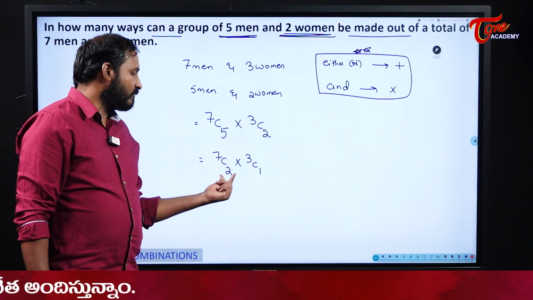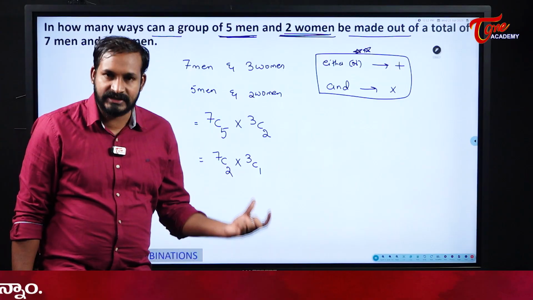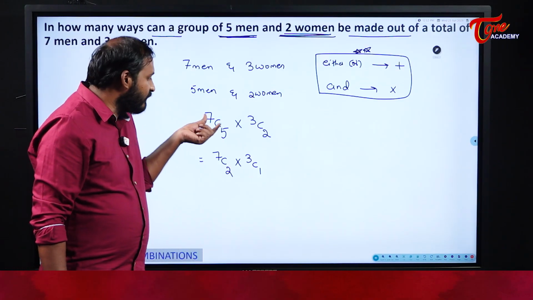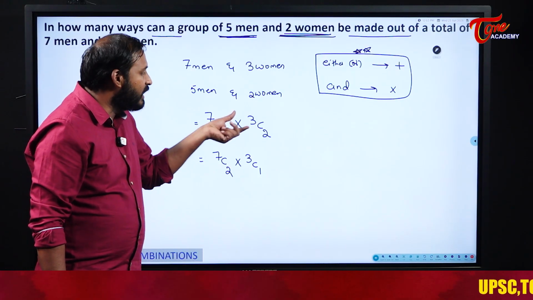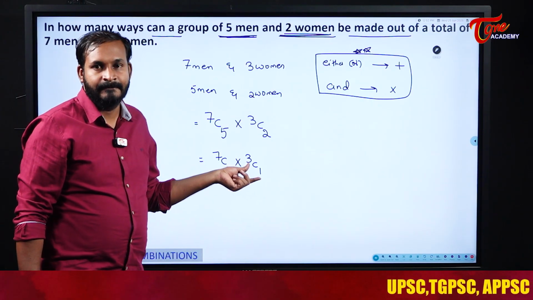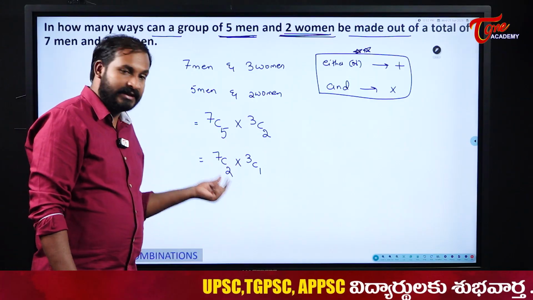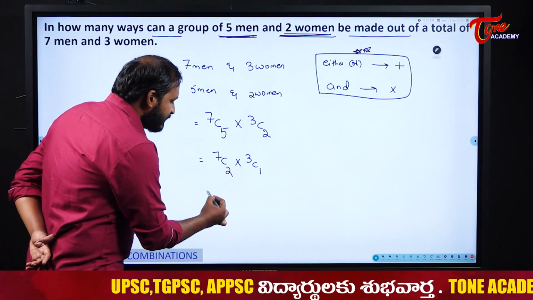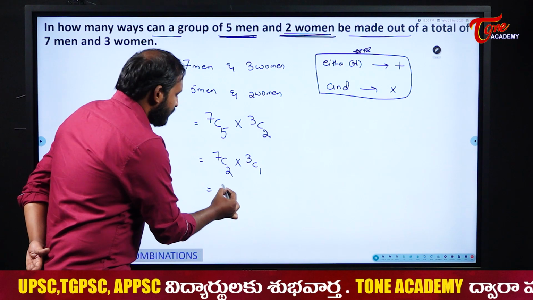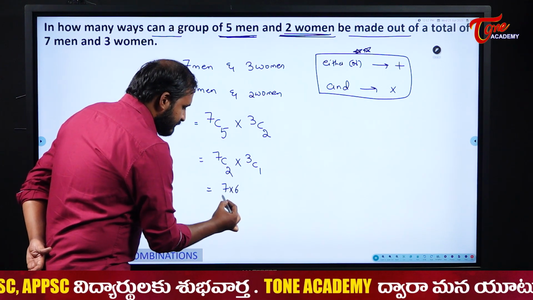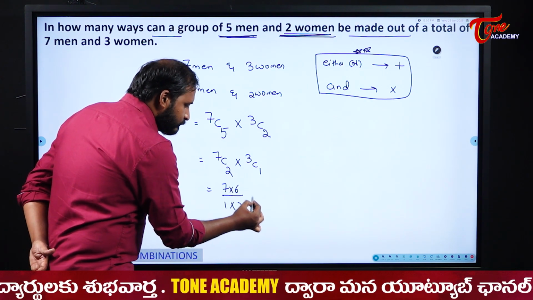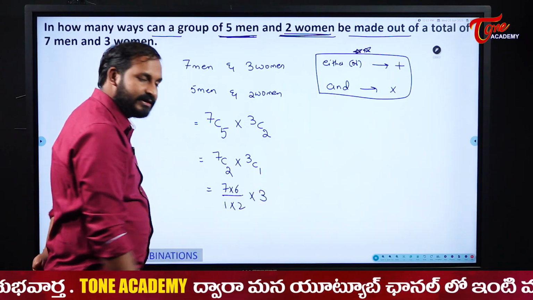See students, those who have not watched the first video, please do watch that video. Then you will easily understand why I have written 7C5 as 7C2 and 3C2 as 3C1. Okay, next. 7C2 means what students? 7 into 6 by 1 into 2. 3C1 means directly 3.